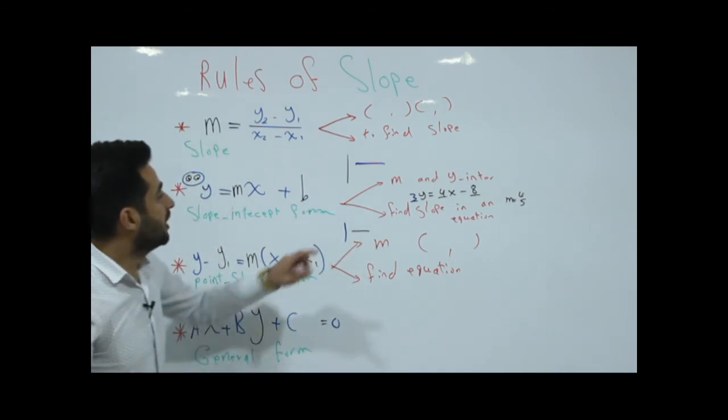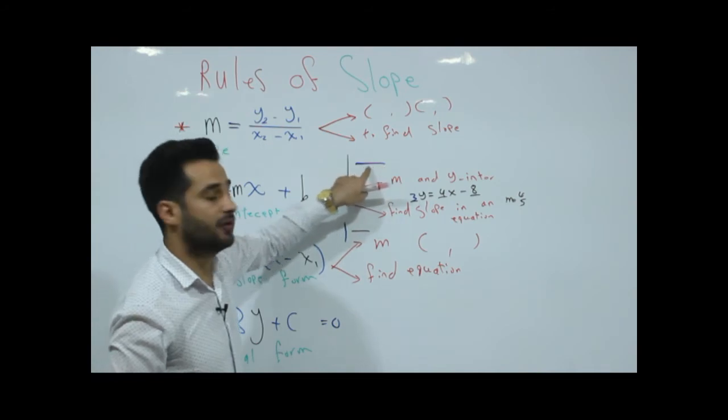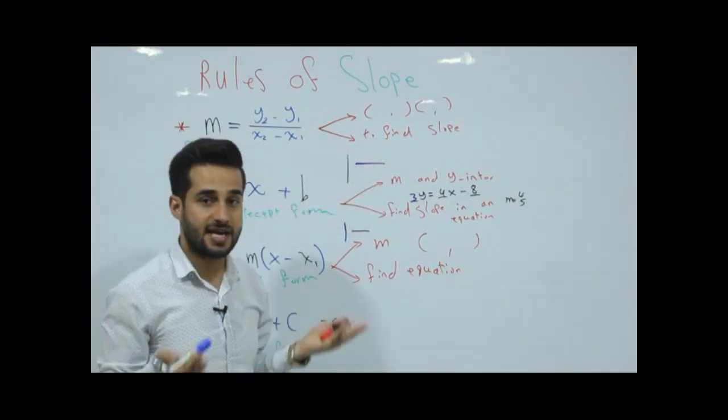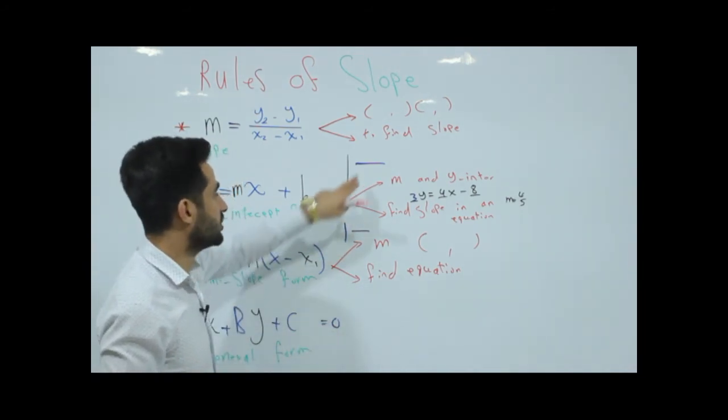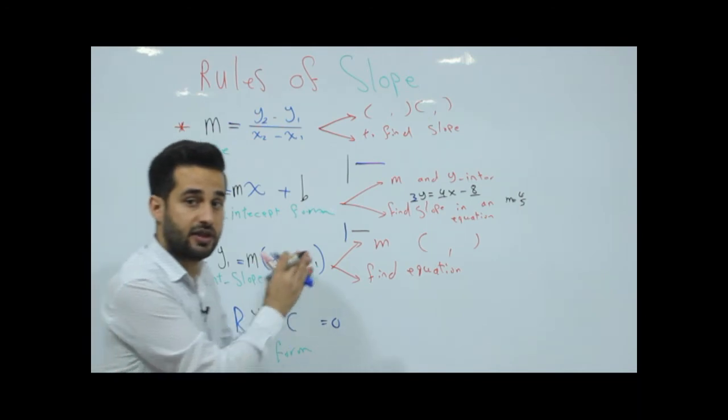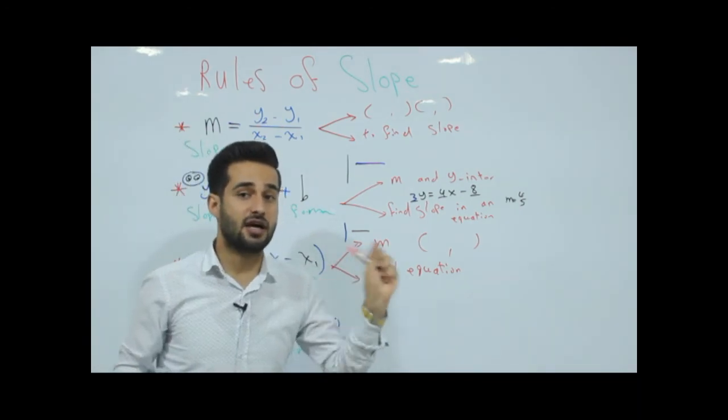Why? Because we can already find the slope of a horizontal line as 0 and the vertical is undefined, and the equations are so easy, we don't need those. We will talk about the equations of these in the examples.